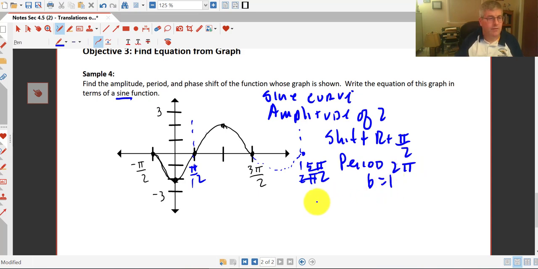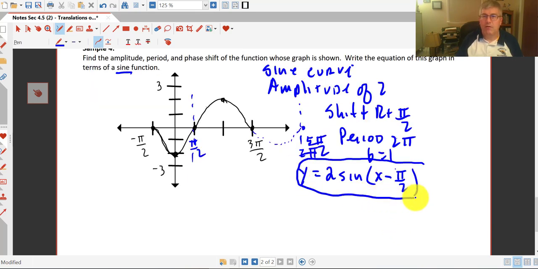So let's take a look at this. This would have to be y equals an amplitude of 2 sine of x. Since we shifted right, it's going to be minus pi over 2. So that looks like the correct answer. Some of you may have seen a sine curve here between negative pi over 2. I actually saw two things.